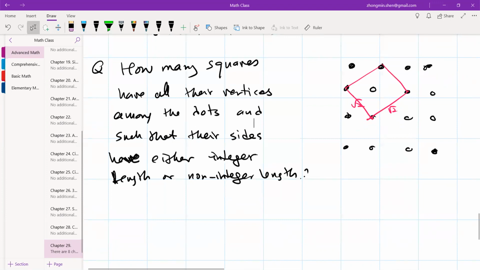Let's count this. So those are one by one in this position, right? How many of them? Okay, you have a 4 by 4. No, 3 by 3. It's 1, 2, 3. Okay, 3.